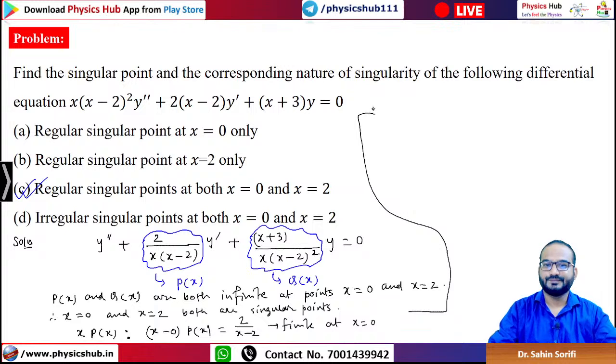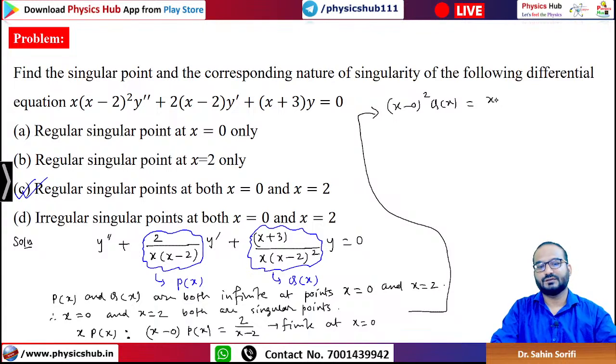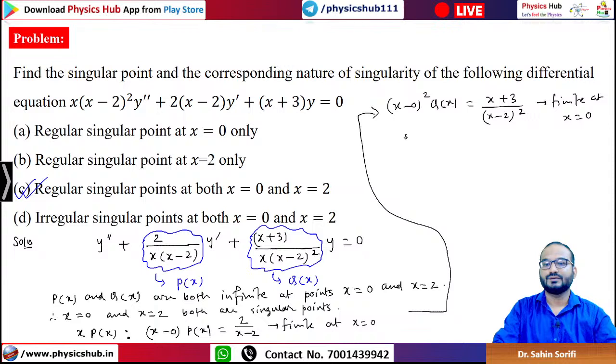And x minus 0 whole square times q of x, let's write q of x directly, equals x plus 3 divided by x minus 2 whole square. This is also finite at x equals to 0. So x equals to 0 is a regular singular point.